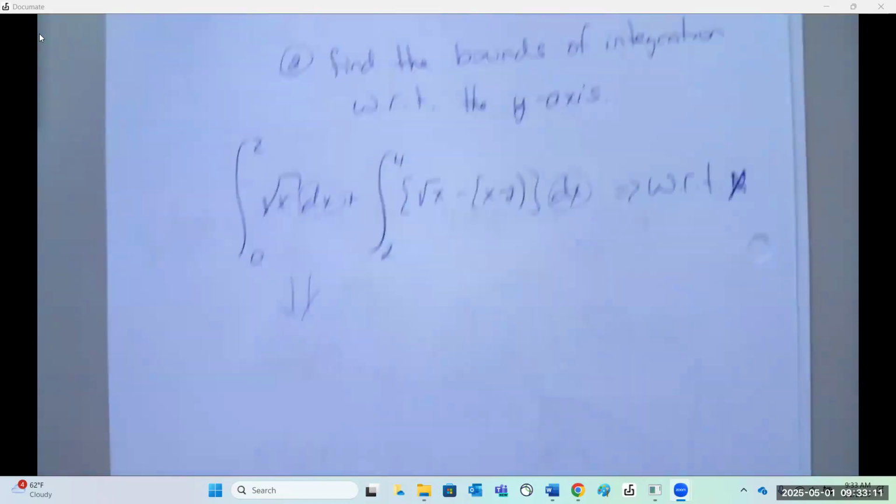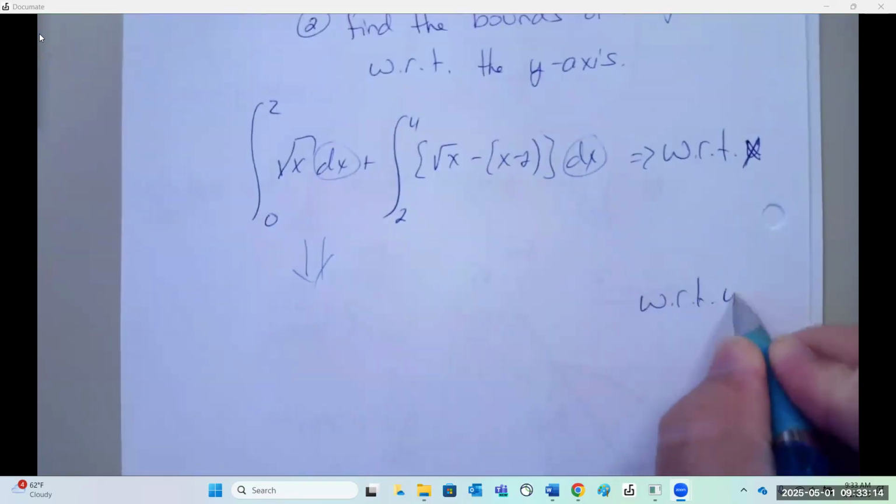Now what we have to do is go with respect to the y-axis.